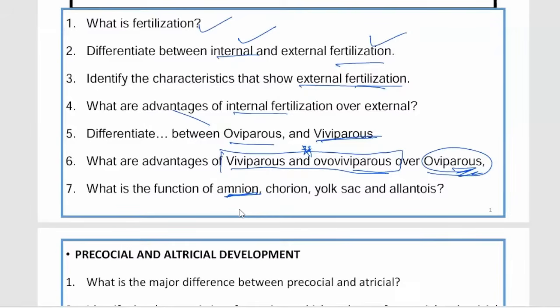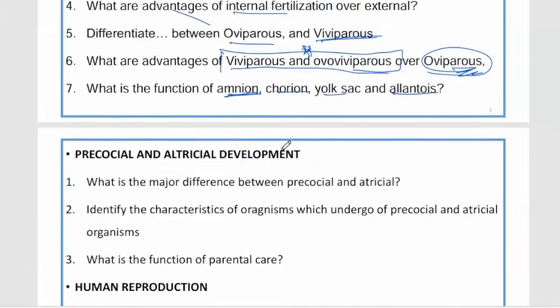So when it comes to the human, it has more functions than in the amniotic egg. Then the chorion is very important for gaseous exchange. It brings about respiration. And then the yolk sac provides nutrients to the developing embryo. And then the allantois is responsible for waste products.